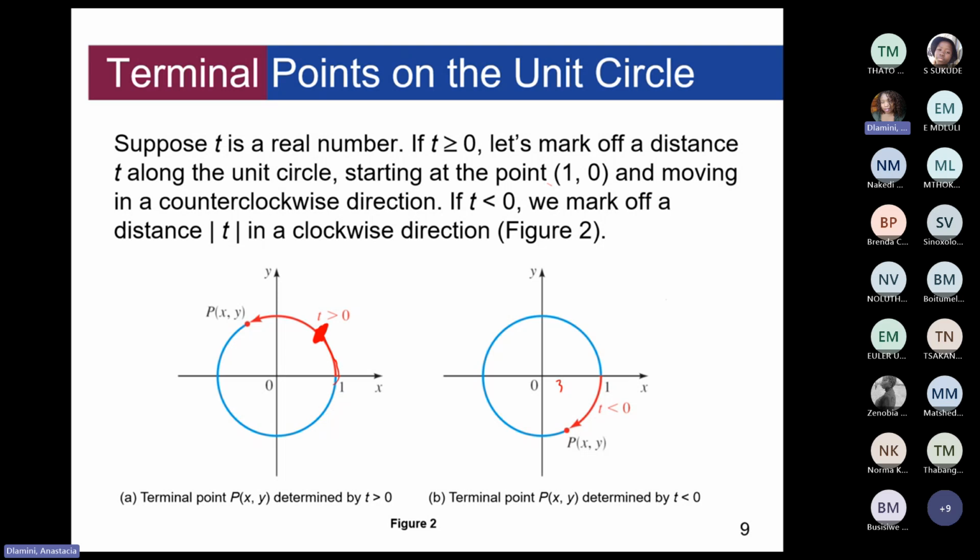So on a unit circle, you move on the blue part. You will never move outside the unit circle, guys. You'll always move on the blue part, and wherever you land, that point we call a terminal point. In most cases here, they gave it a P. Are we all together?